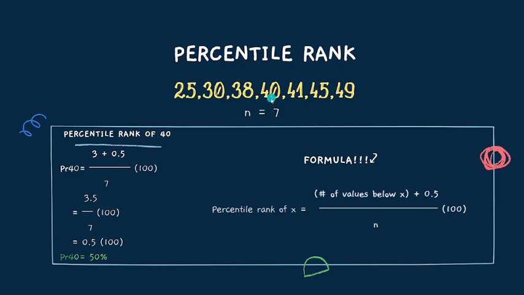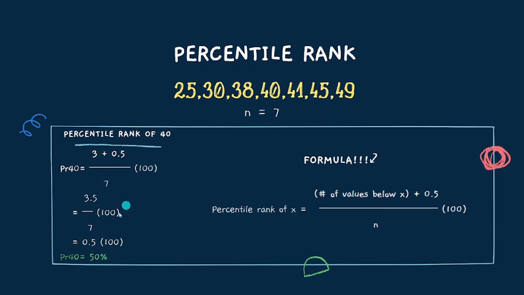Here is 40: 1, 2, 3. So there are 3 values below it. Here is 3 plus 0.5, over 7, because our total number of data is 7, times 100.